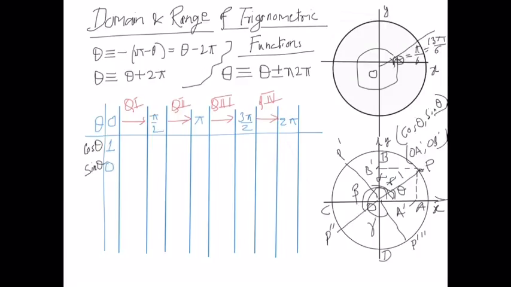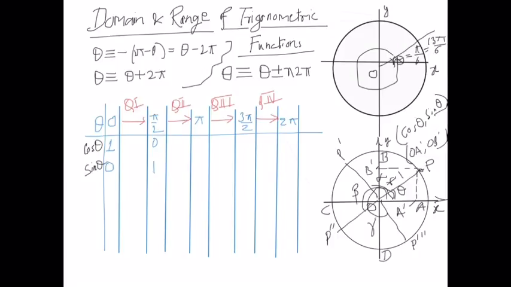When theta becomes pi by 2, we can see that segment OP coincides with OB here. And so its projection on the y-axis is nothing but OB, which is 1, which is sine theta. And its projection on the x-axis is 0, which is cos theta.